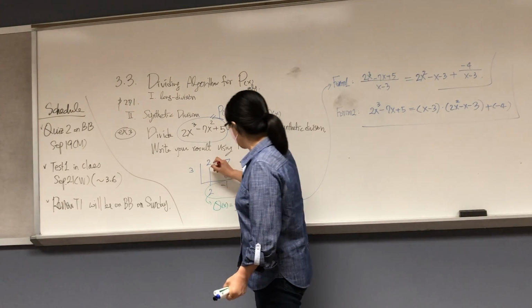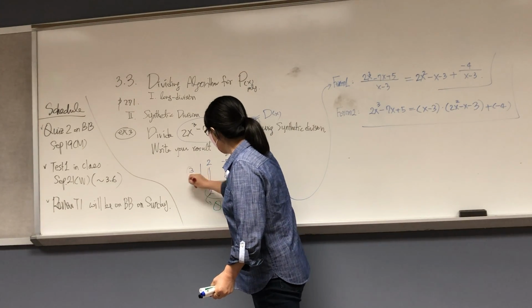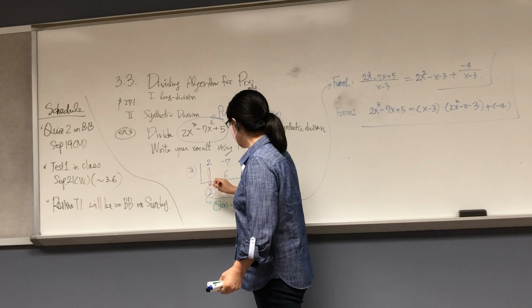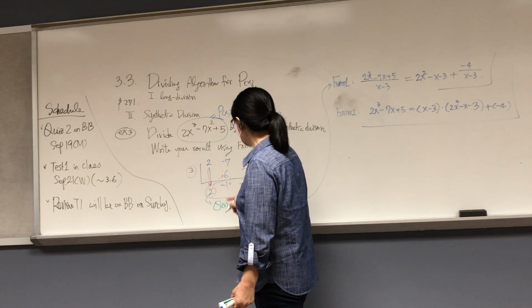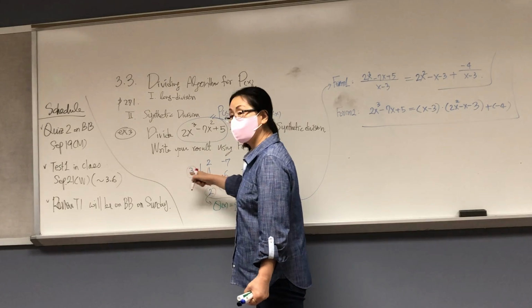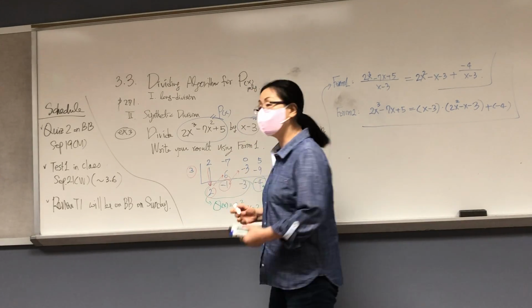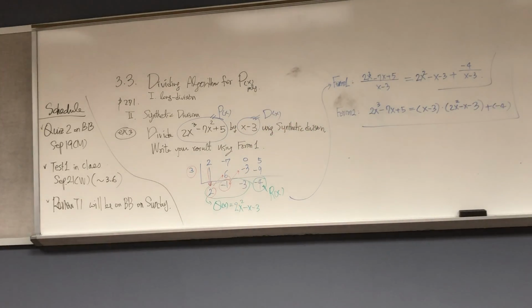The bottom number comes down, multiply with this, and write down here. Then add, up and down, then multiply again and write down here. Yes, good. That's the synthetic division.